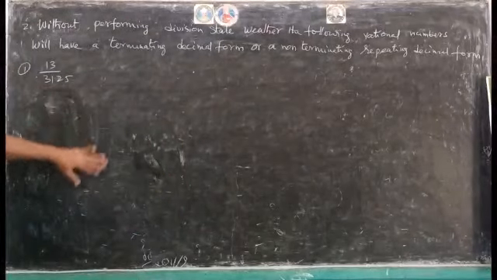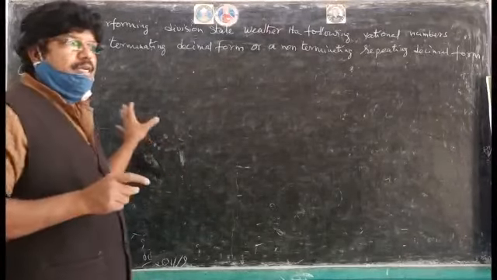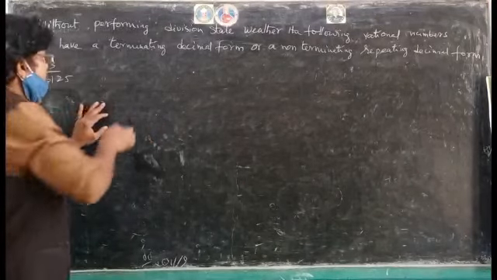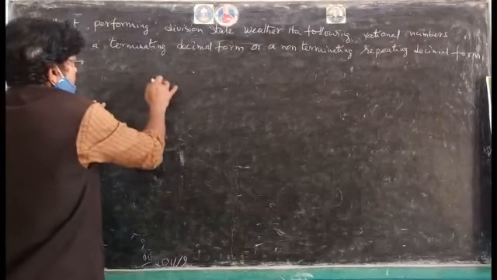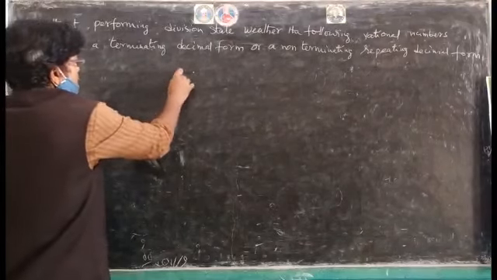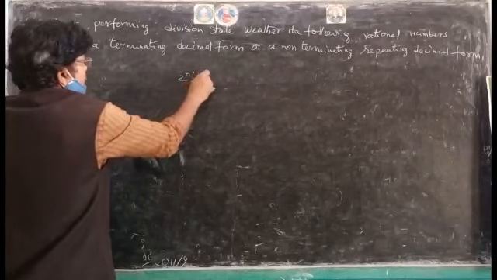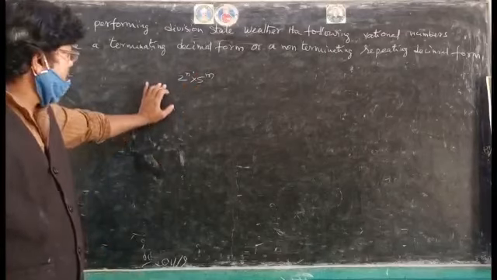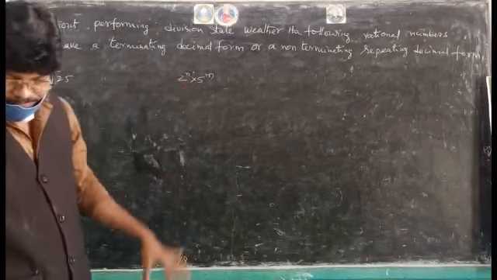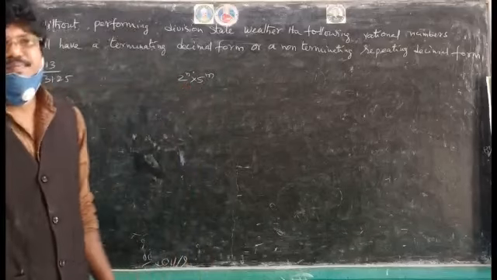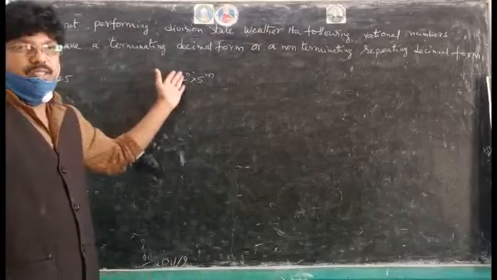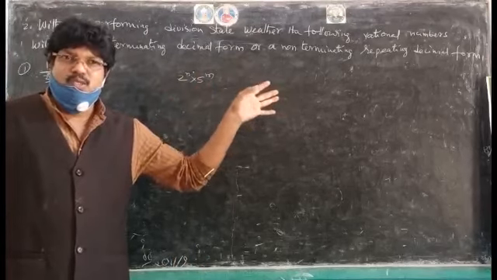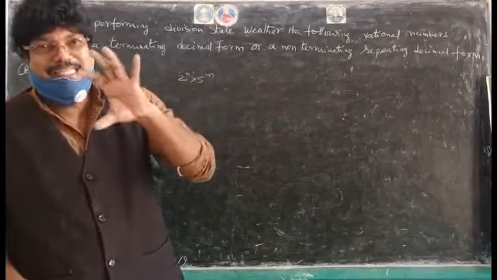First, observe the denominator. If the denominator can be written in the form 2 power n into 5 power m, or any of 2 power n into 5 power m, those will be terminating decimals.